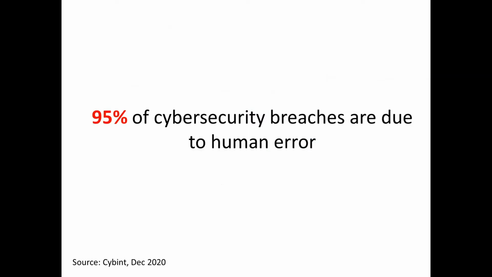And this is simply because 95% of cybersecurity attacks or breaches that happen globally happen because of human error. And what we mean by human error is everything from user identities being misused, social engineering based attacks, clicking on malware links, to phishing attacks.